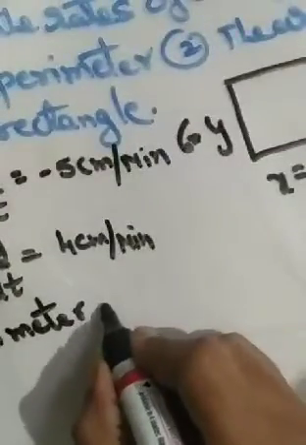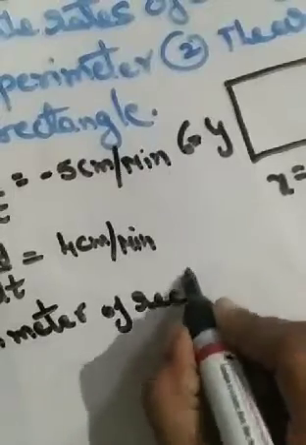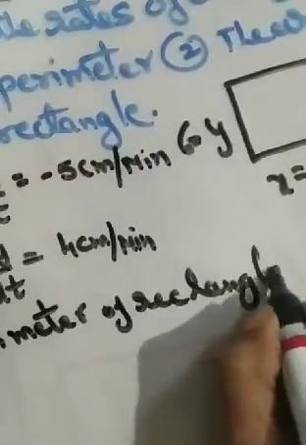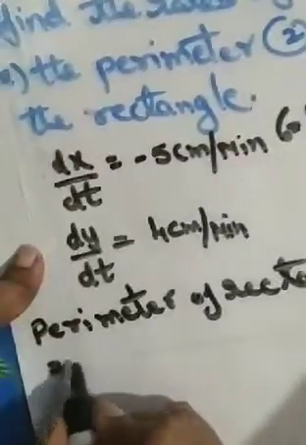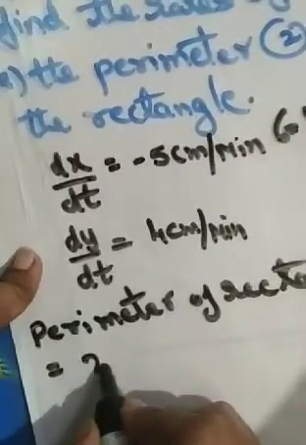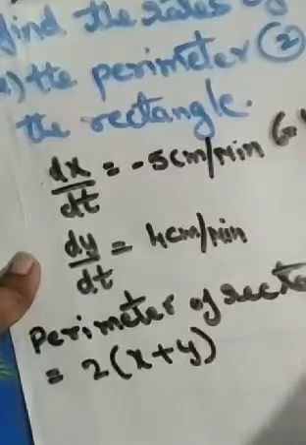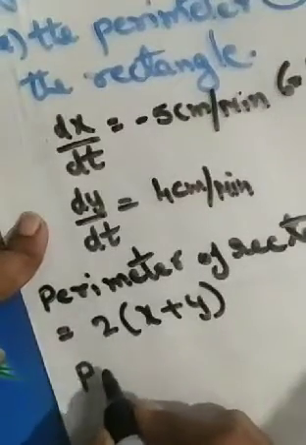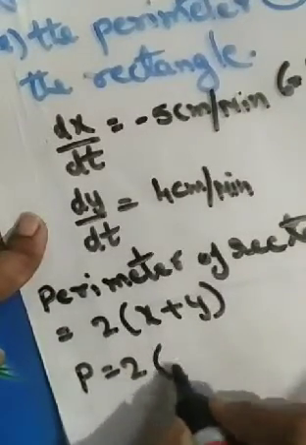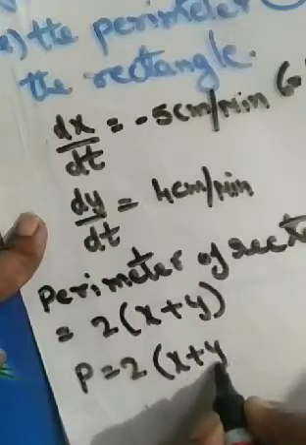What is the perimeter of the rectangle? 2 into x plus y. So perimeter P is equal to 2 into x plus y.